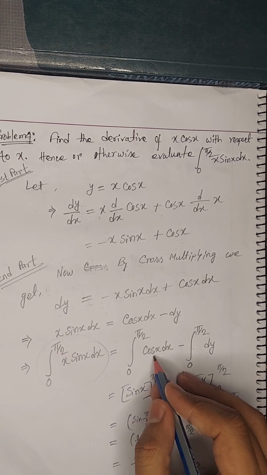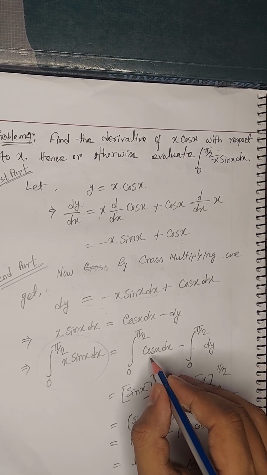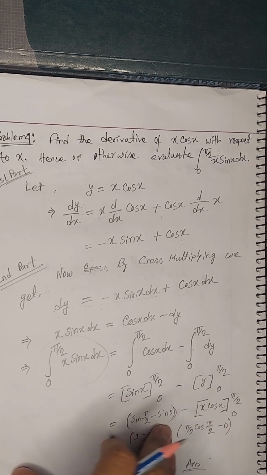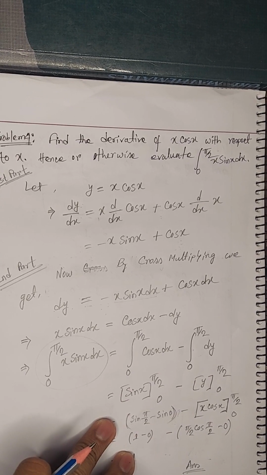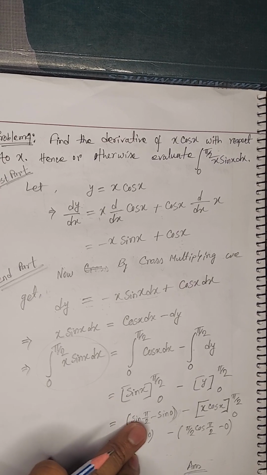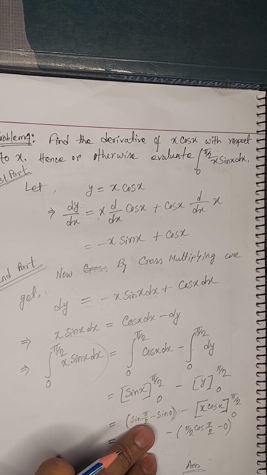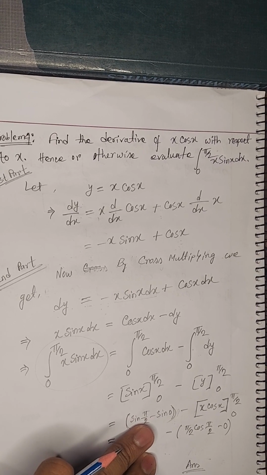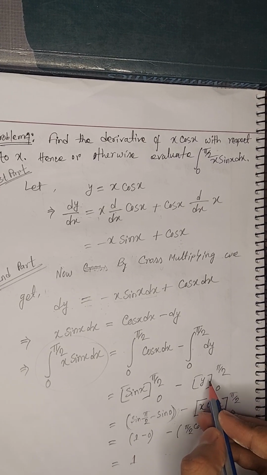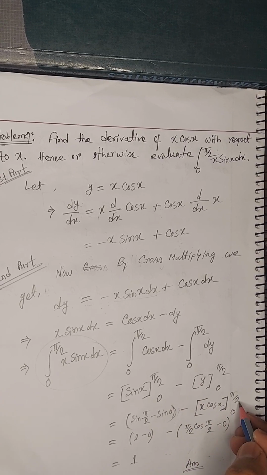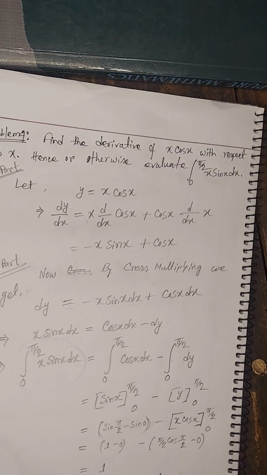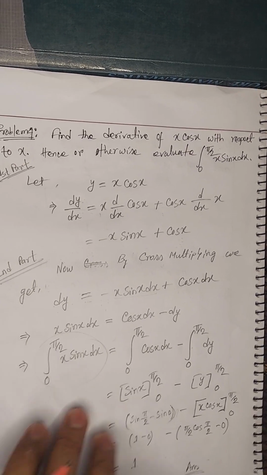When we integrate cos x, we know we get sin x, and we apply the limits, sin pi by 2 minus sin 0. Similarly here we put the value of y and then apply the limit, and we get the required value is 1, which is our answer.